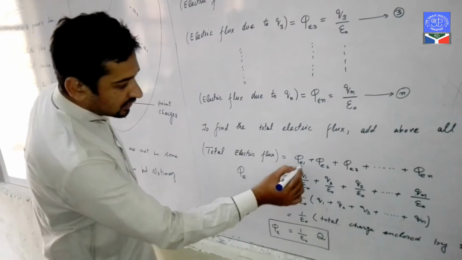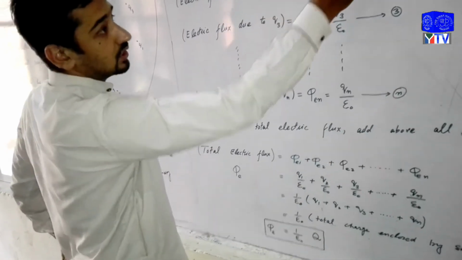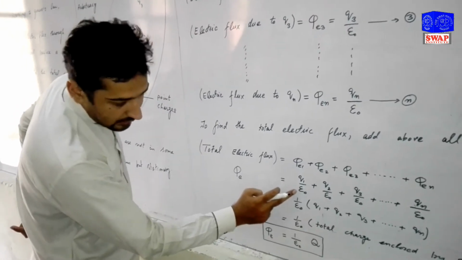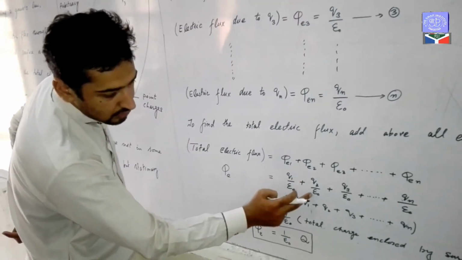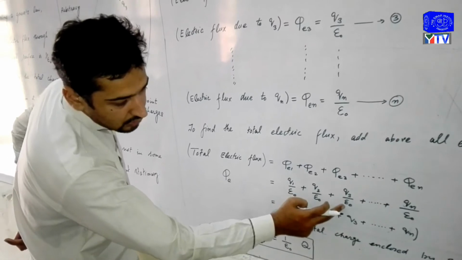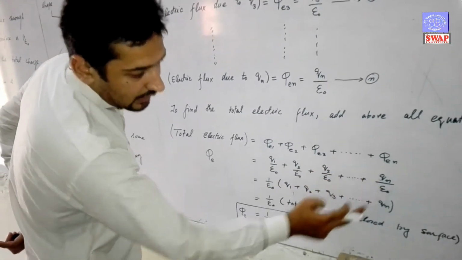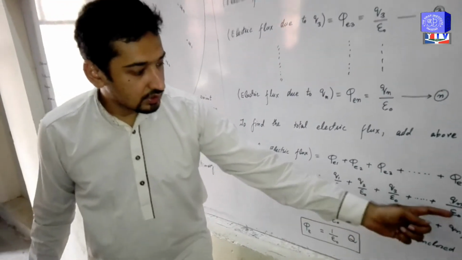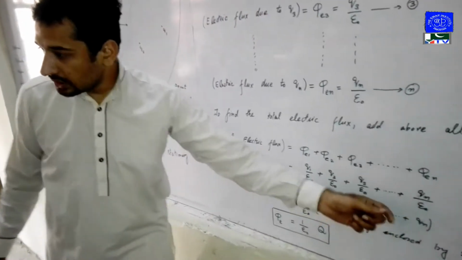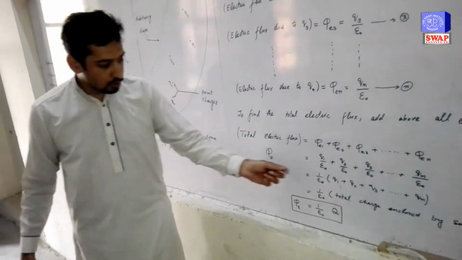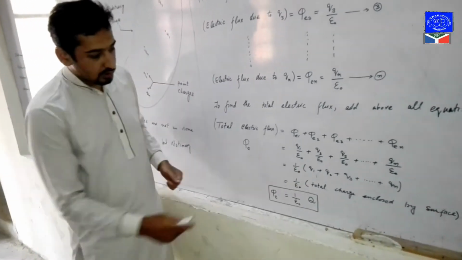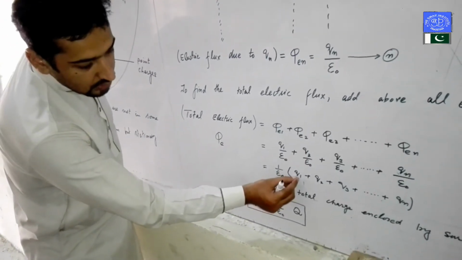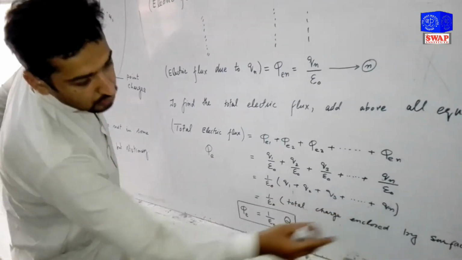Putting in the values from equations 1, 2, 3: Q1 over epsilon naught plus Q2 over epsilon naught plus Q3 over epsilon naught up to Qn over epsilon naught. Epsilon naught is the same quantity in each term, so we can take 1 over epsilon naught common. The remaining part will be Q1, Q2, Q3 up to Qn.